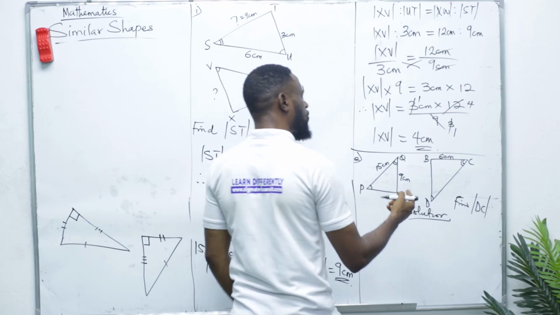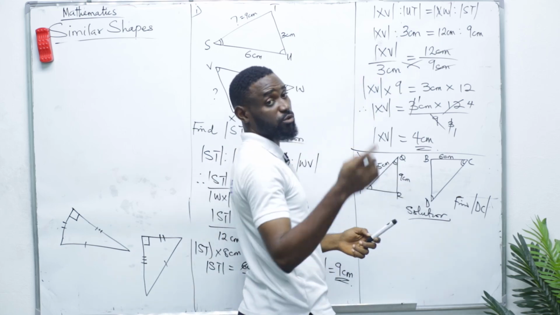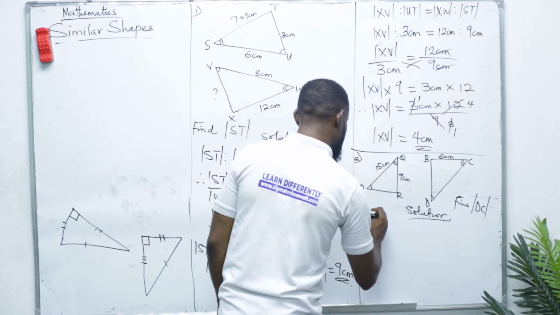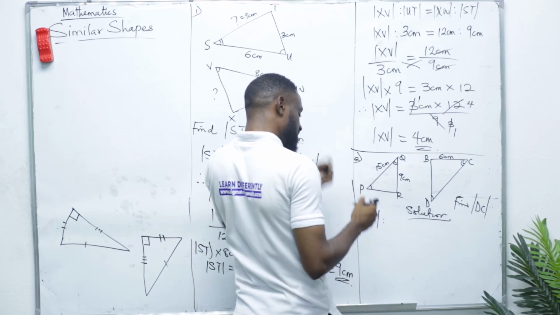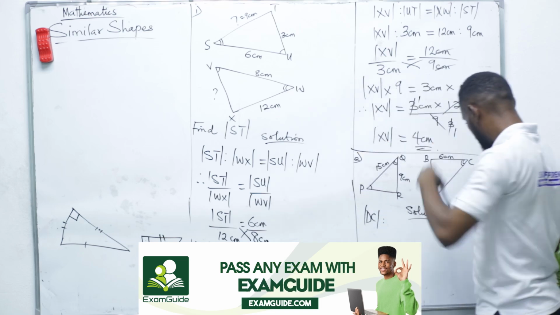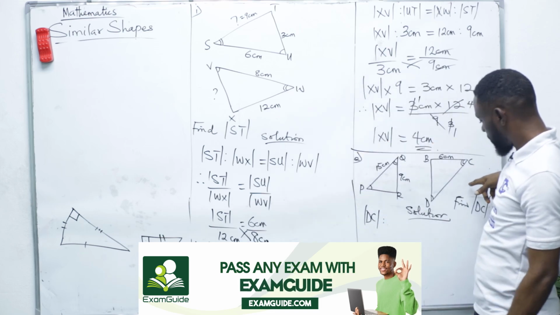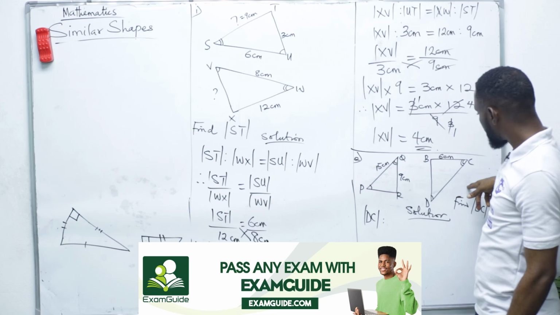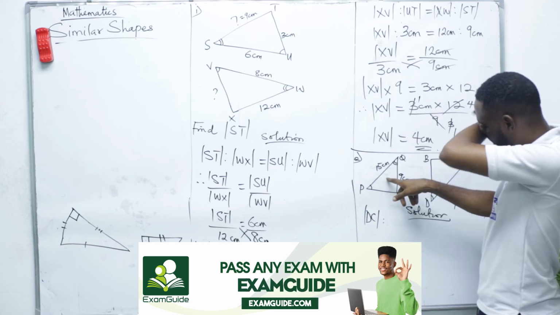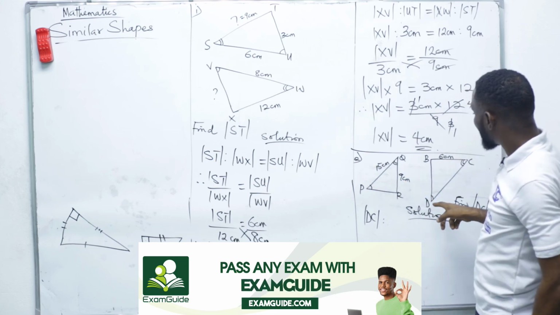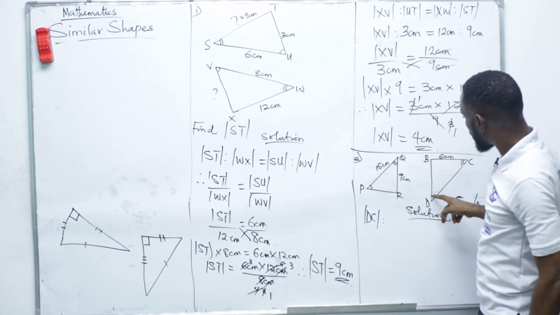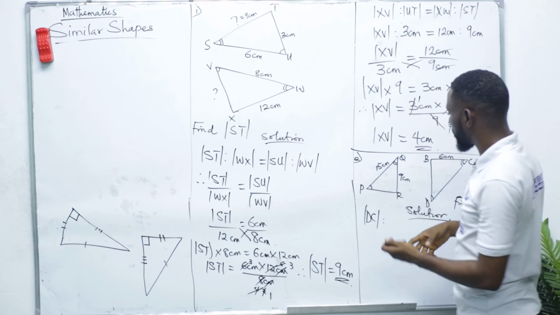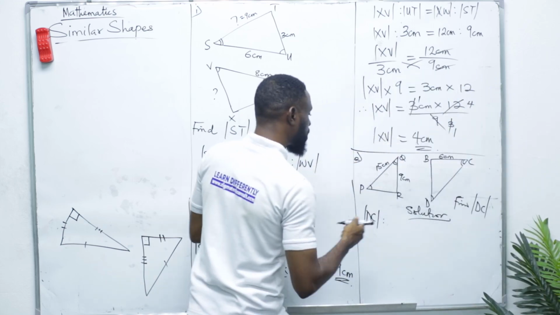What is the ratio of DC and what is proportional to it? Remember, DC in this shape is proportional to what side in this shape? We have our DC where we have 2 strokes and 1 stroke. So it's proportional to PQ.